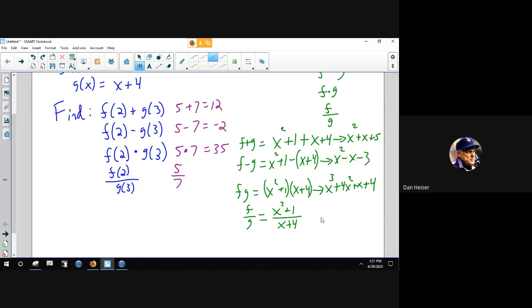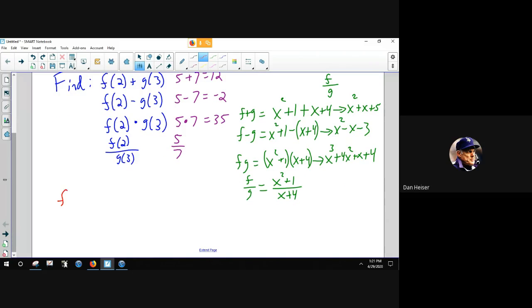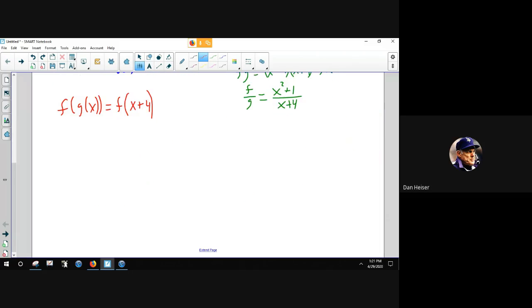And just to compare, I'll do a composition. f of g of x, we would put x plus 4 into f.